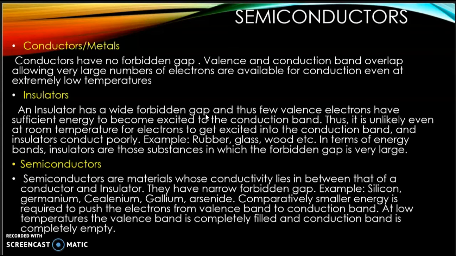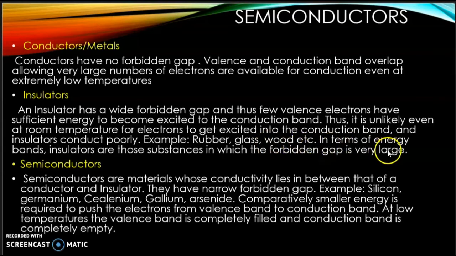That is, it is unlikely even at room temperature for an electron to get excited to the conduction band, and insulators conduct very poorly. Examples of these insulators are rubber, glass, wood, etc.